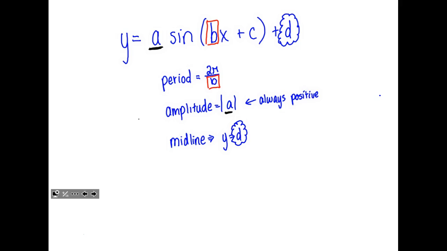And then lastly, the phase shift is going to be c over b. So the c that you have right there divided by the b that you have right here. And phase shift, just like horizontal shifts, goes in the opposite direction.